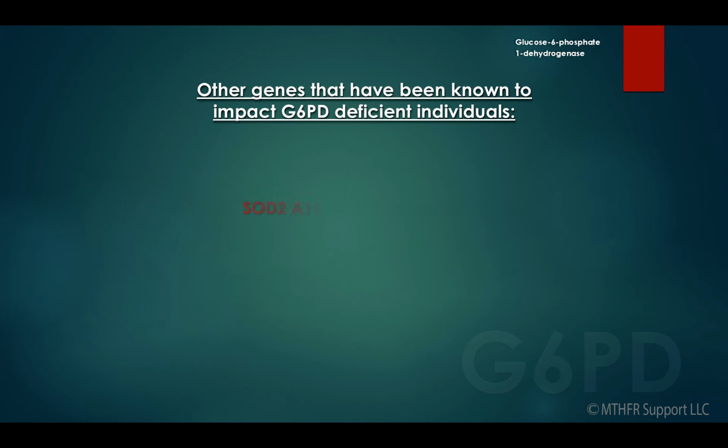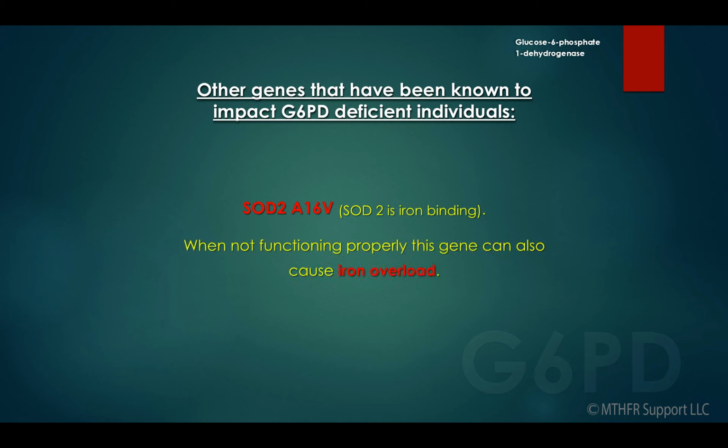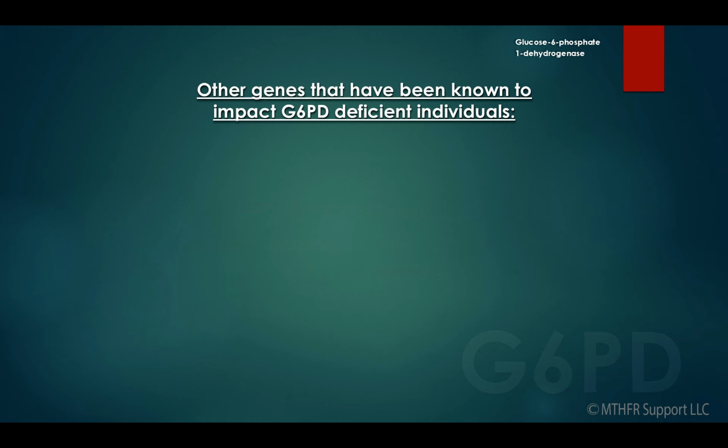SOD2 A16V. SOD2 is iron binding. When not functioning properly, this gene can also cause iron overload. RAB6B has been related to elevated serum transferrin saturation.